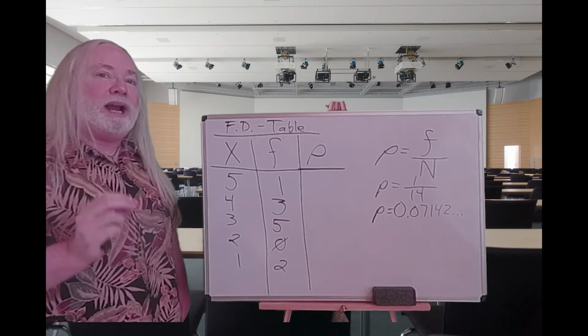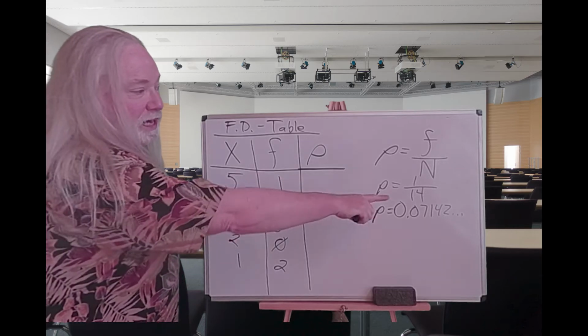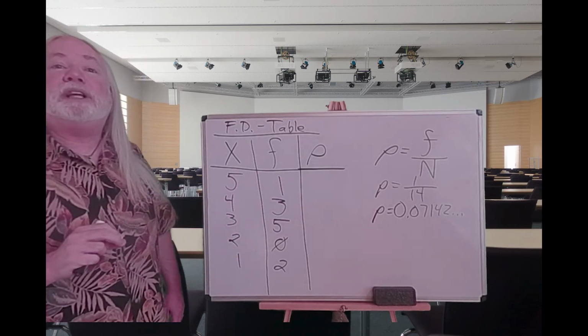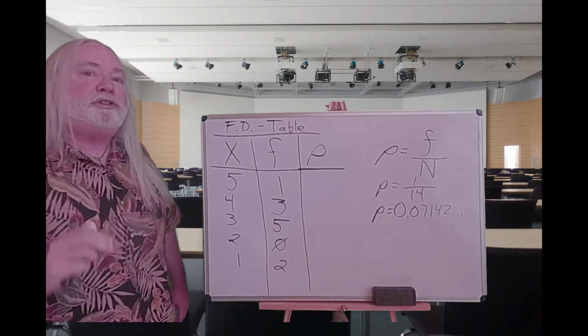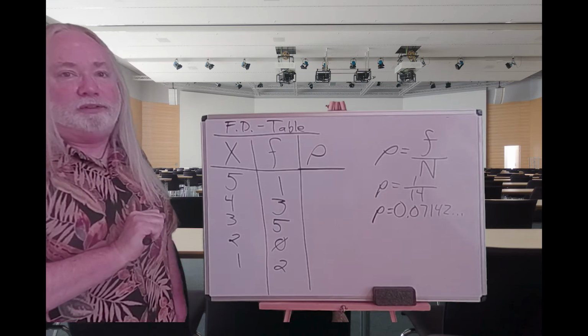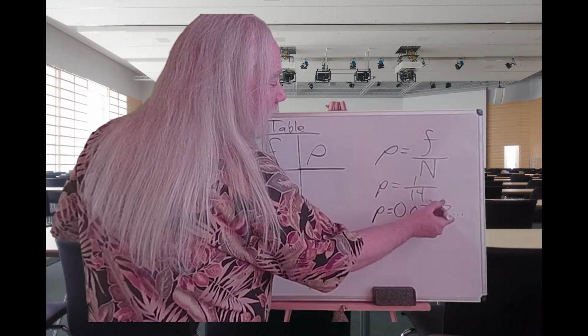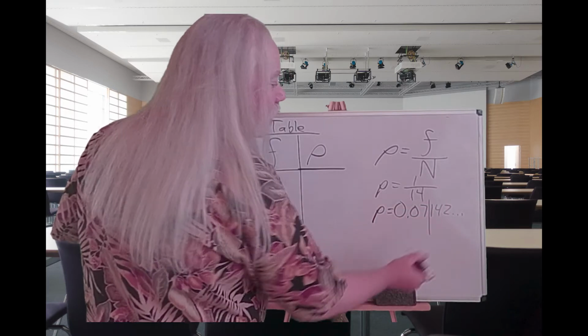So, if your answer contains a decimal, like this does, it's not a whole number, it must be reported rounded to 2 places, to the hundredths place. So we're going to go over to the second place, and we're only going to write it 2 digits long.